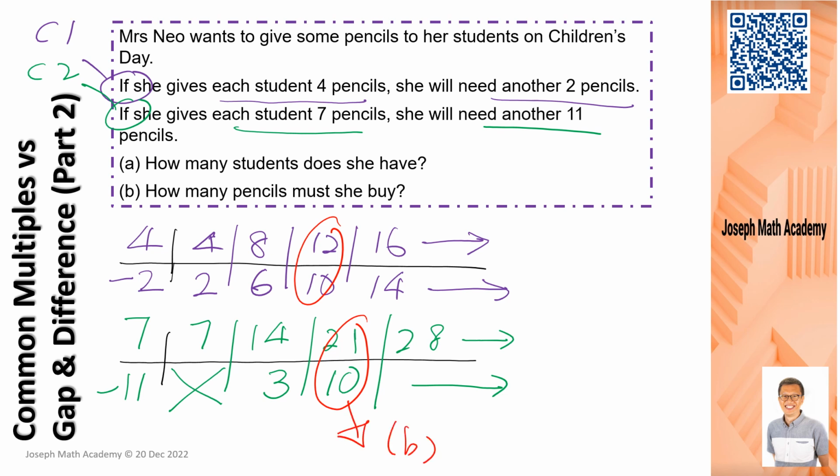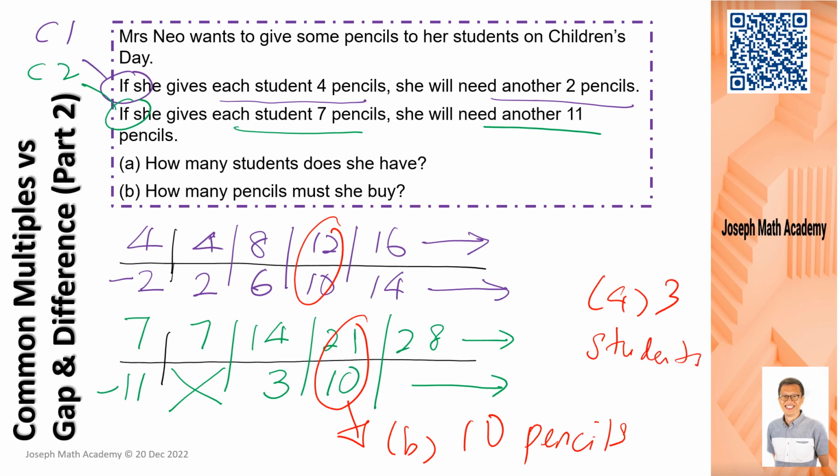Question B: how many pencils must she buy? She must buy 10 pencils. Okay, right? Now, how many students does she have for part A? For part A, she has 3 students. Okay, why?